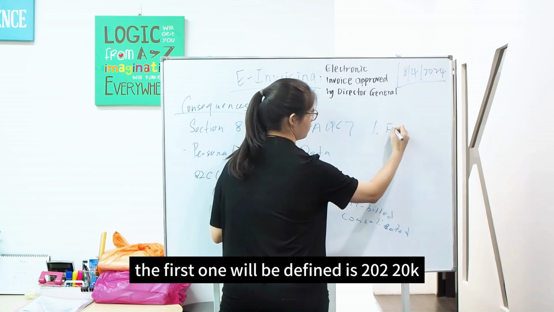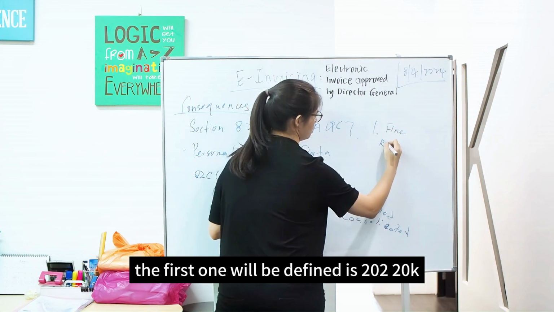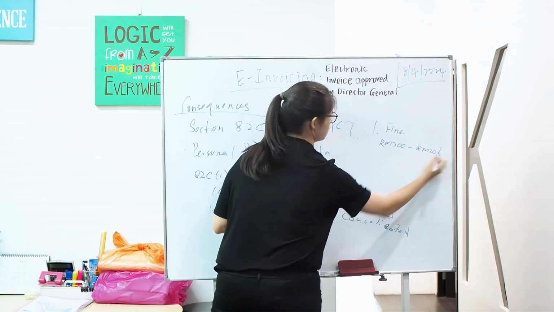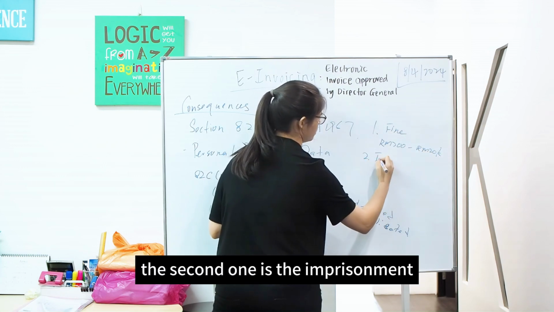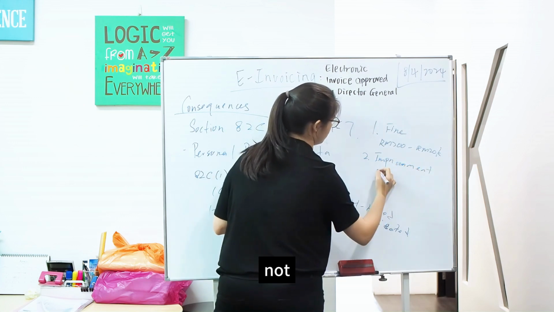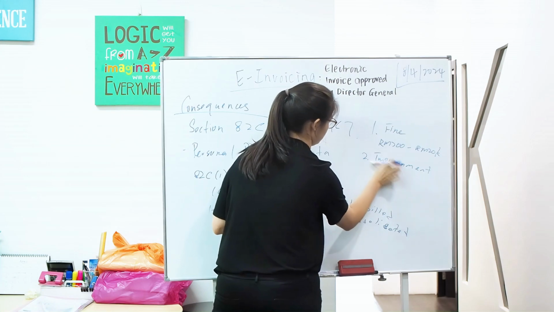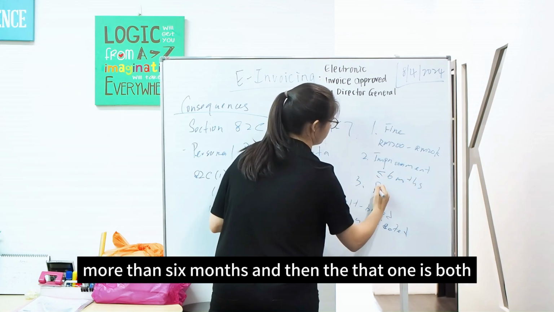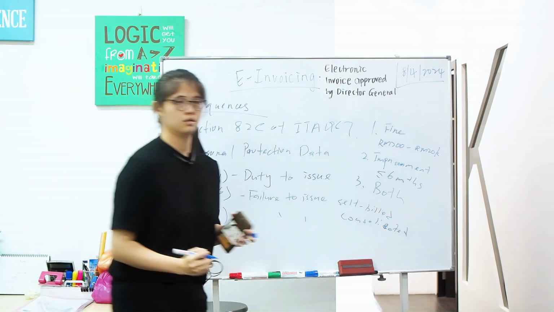The first one will be the fine. It is 200 to 20K. The second one is imprisonment, not more than 6 months. And then the third one is both. Okay?